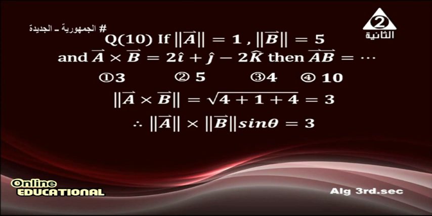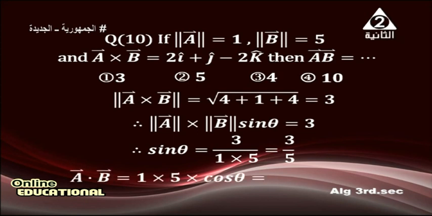We know that the norm of A cross B equals norm A, norm B, sine angle theta, which equals 3. By substitution, norm A is 1 and norm B equals 5, then sine theta is 3 over 5.